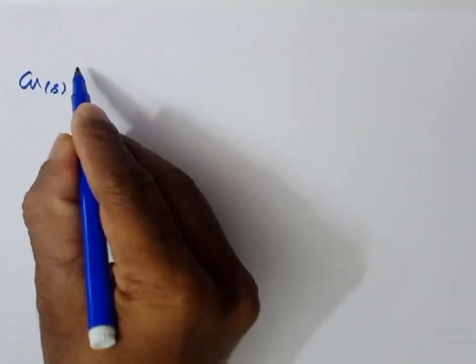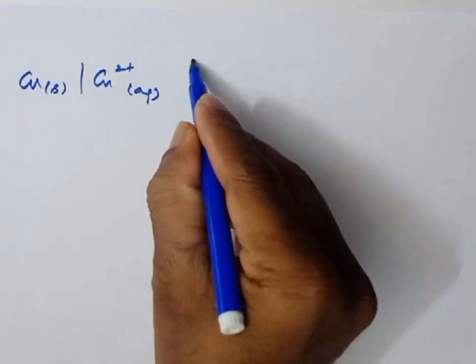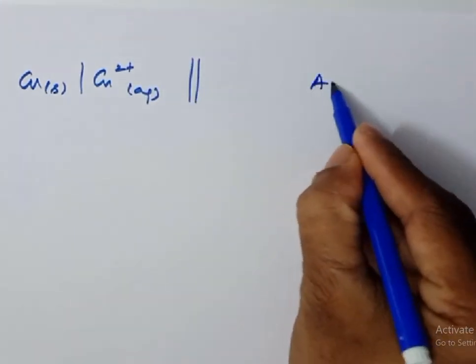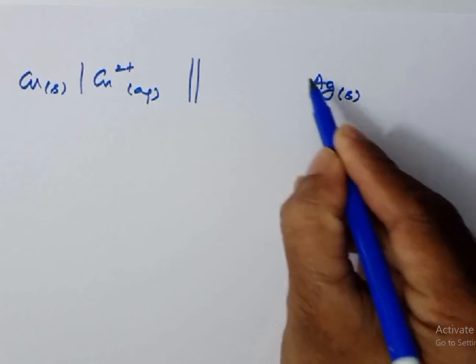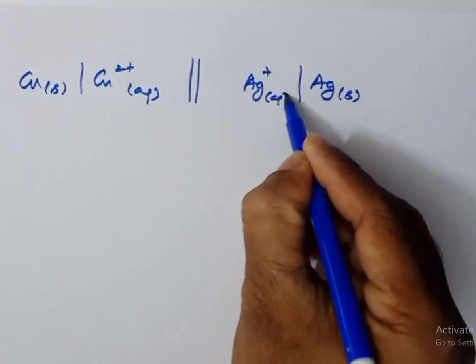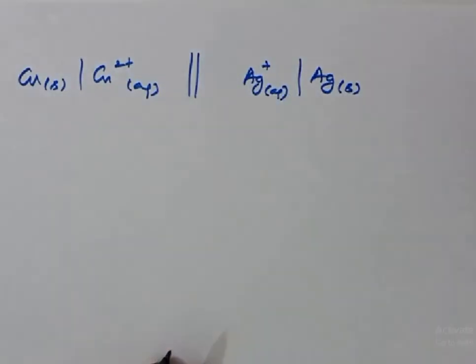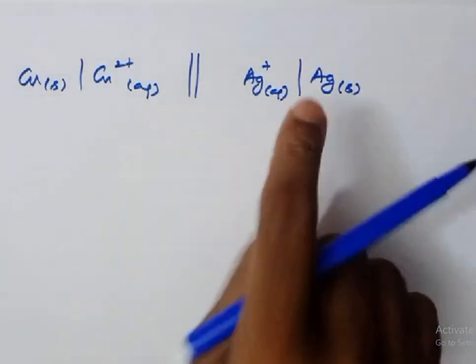Students, now see, I'll give a cell, right? See, copper solid immersed in cupric ion aqueous medium, salt bridge, then silver solid immersed in Ag plus solution, a solution containing silver ion. Now I have given a cell, right? If you write a cell on paper like this, what is the meaning?